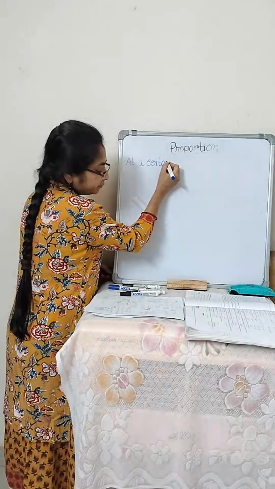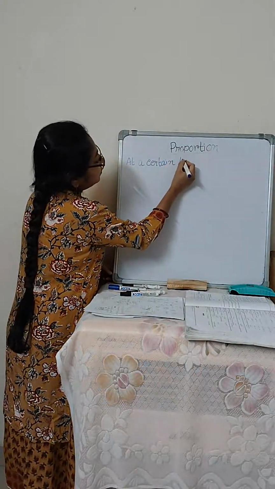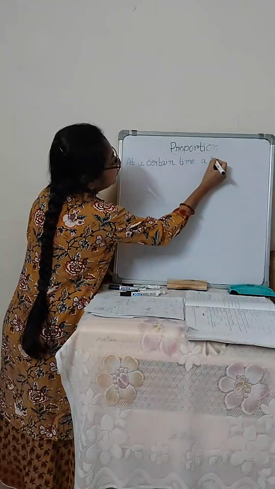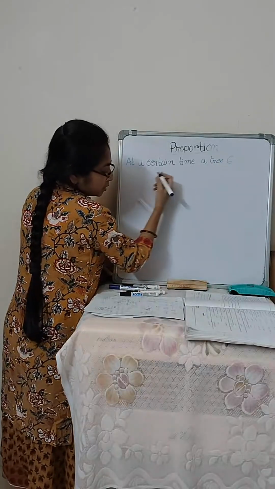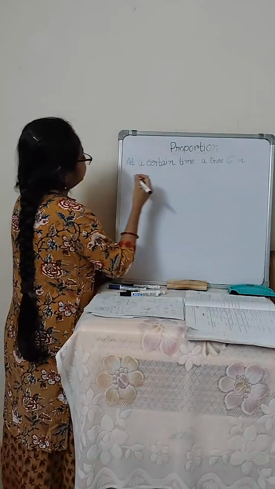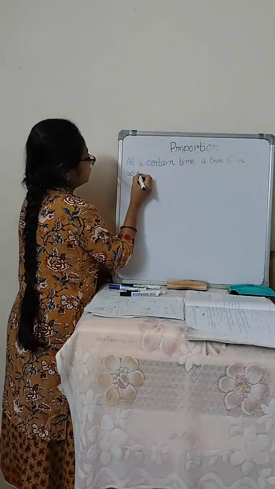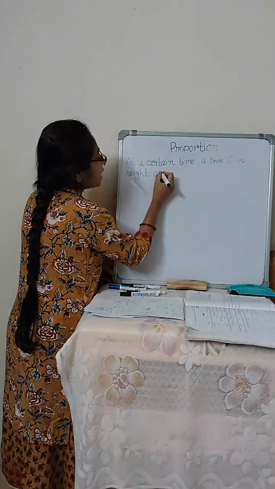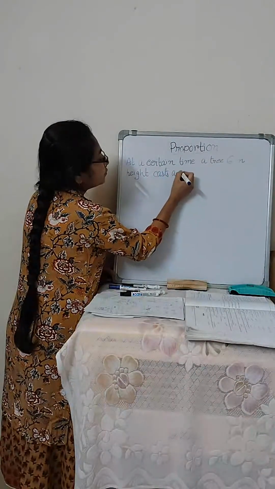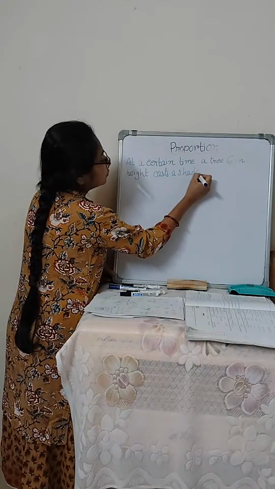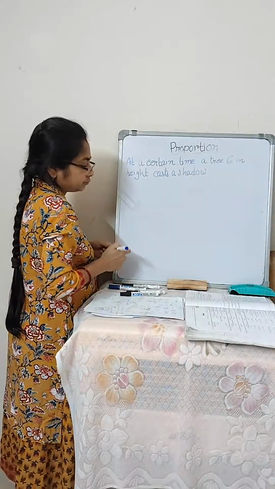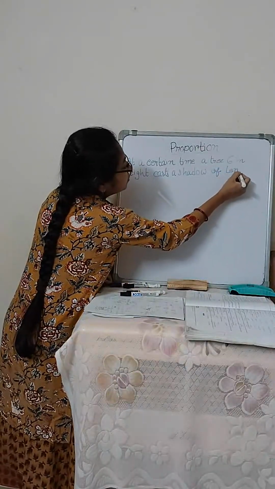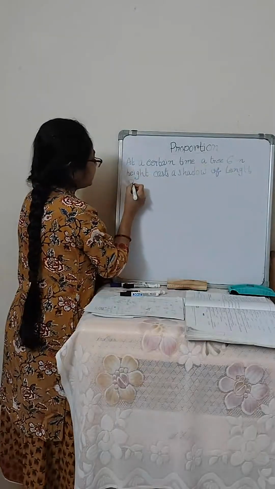At a certain time, a tree of 6-meter height cast a shadow of length 8 meter.